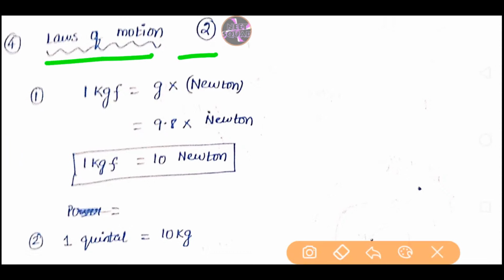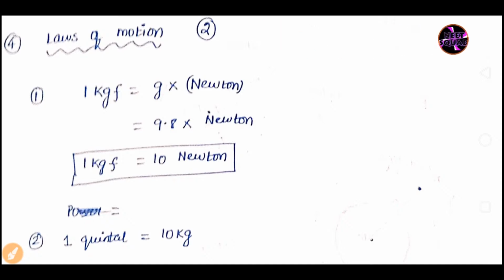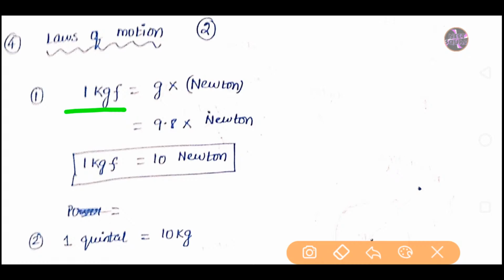Laws of motion, 2 questions have been asked. So 1 kgf, what is this kgf? See, 1 kgf is equal to g into Newton. What is the g value? 9.8 Newton, or you can say 10 Newton.